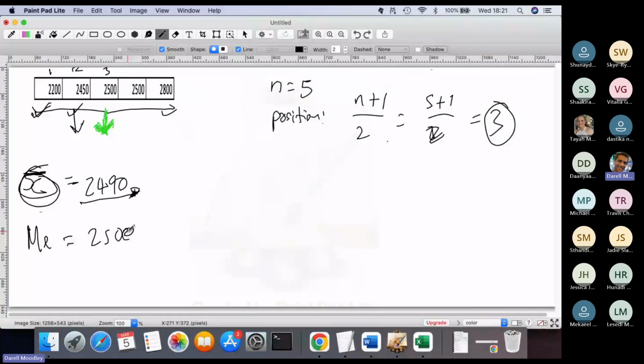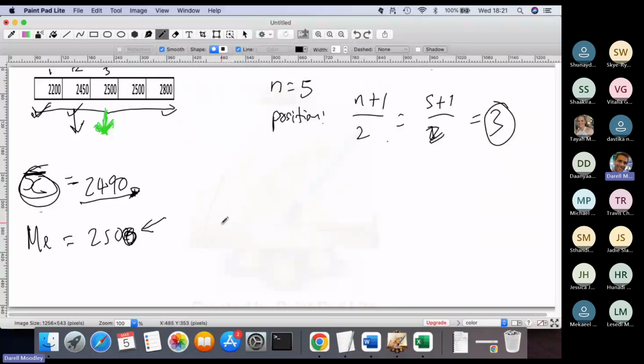All right. And how we would interpret this, we don't just say the median is 2,500. We always interpret in terms of the data. Let me know if this doesn't make sense to you. If this is the middle number, that means half the data is below it and half the data is above it.